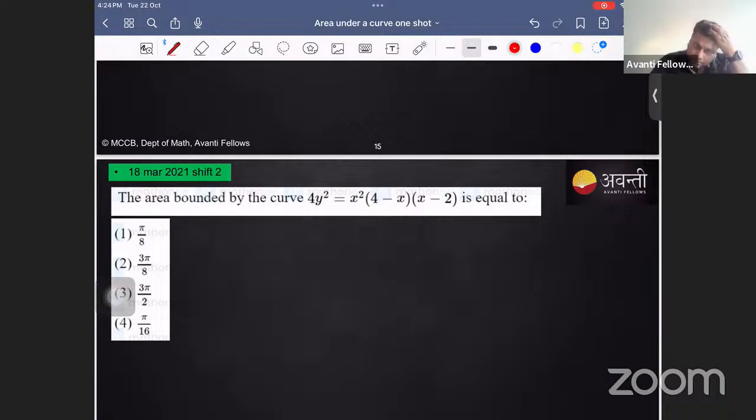Yes. Area bounded by this curve. I'm launching the poll. I think few of you must have started attempting it. Yes, do it. Area bounded by the curve 4y square equals to x square into 4 minus x, x minus 2. And this is a good question.